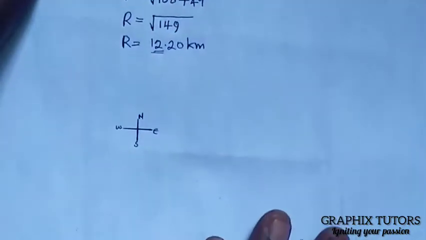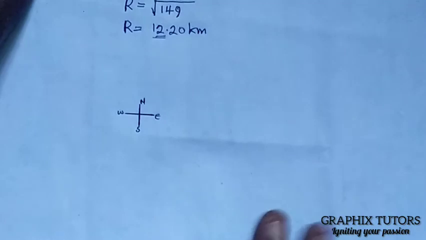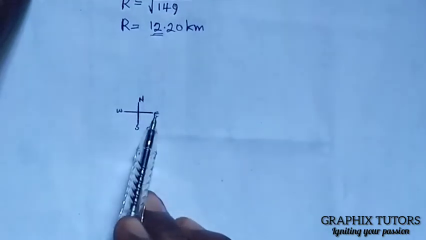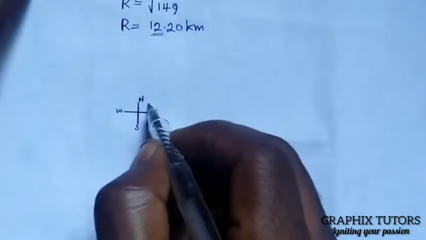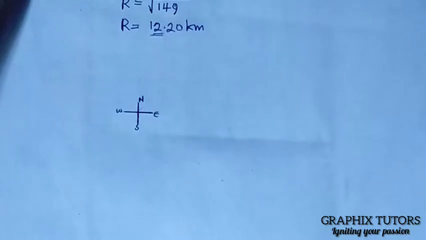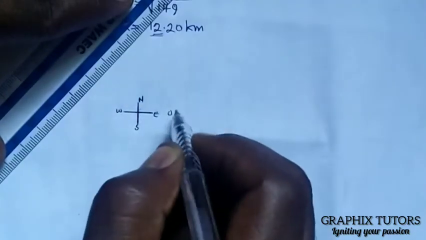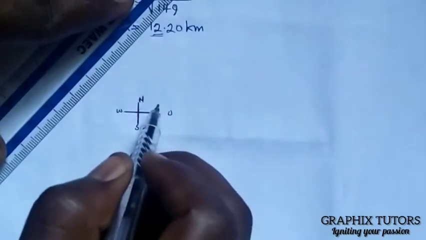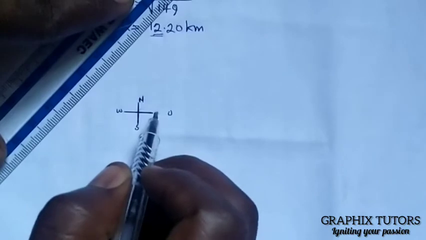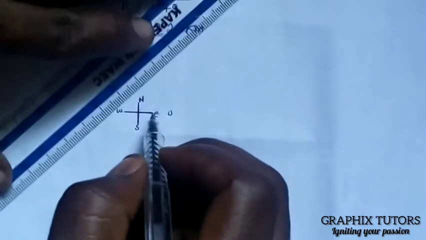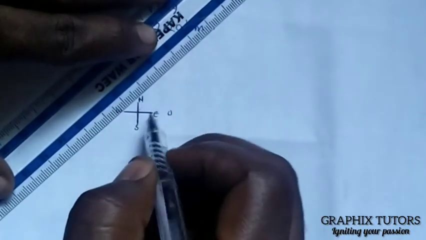Now 30 degrees east of north means this is north and east, so 30 degrees falls around this side here. So I'm going to take my rule. Because this is 0 degree and we're going this direction, 30 degrees east of north will be something like this.